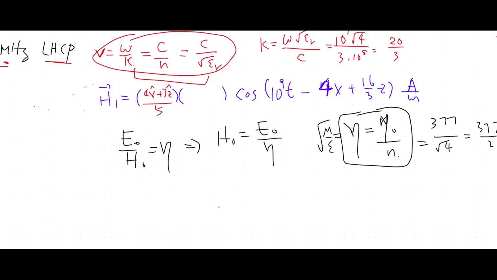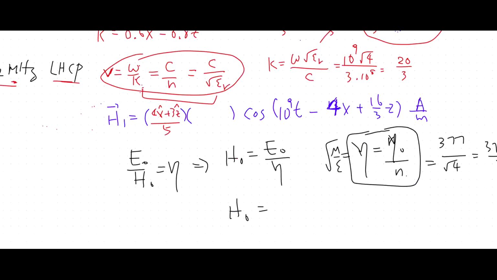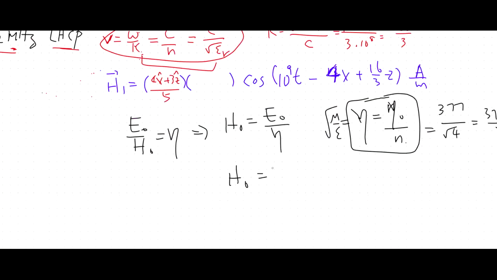What is E naught? 20, I think. 20, right? The amplitude of E field is 20, right? So E naught is 20, and then divided by 377 and then multiply by 2. So 40 over 377. I'm just going to put it in here.